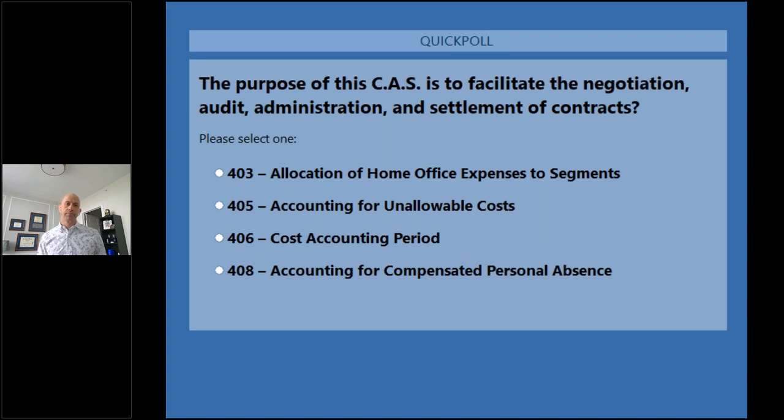And then within the private sector, there's cost accounting, and it's really interesting to learn that on the governmental side with contracts, there's a whole other set of standards that talk about how the cost side of things is to be managed.